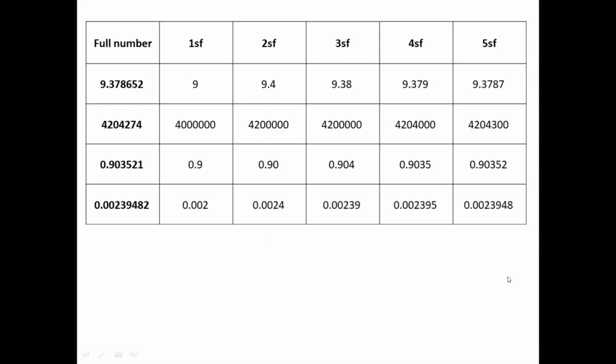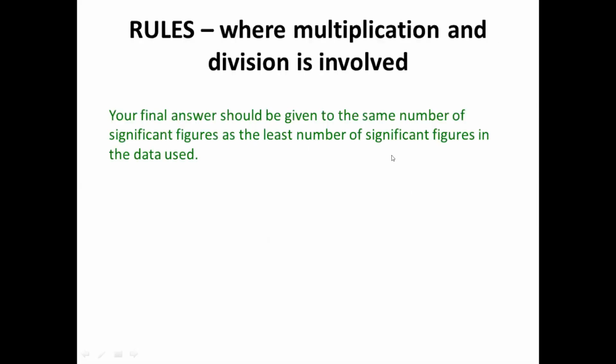Check your answers. Okay, so when we do calculations, you may be asked to give your answer of the calculation to a correct number of significant figures. How you work out that correct number of significant figures depends on whether you multiply, divide, subtract, or add.